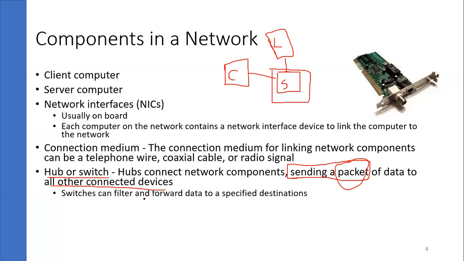Switches can filter and forward data to specified destinations. So it routes to this laptop. If your computer needs to transfer some sort of information, it can be transferred via this switch. This switch supports the transfer in between. That's the main purpose.